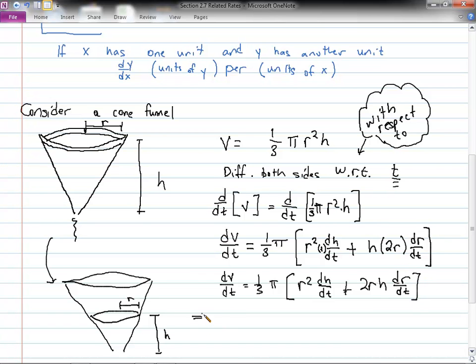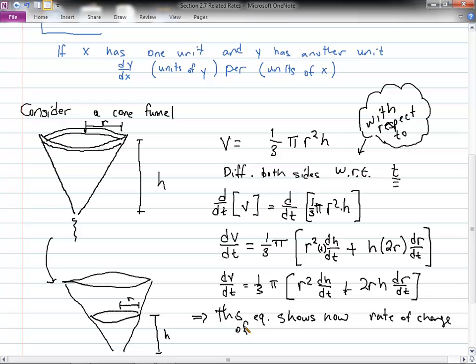Okay, so this equation shows how the rate of change of volume depends on the rate of change of h and r.